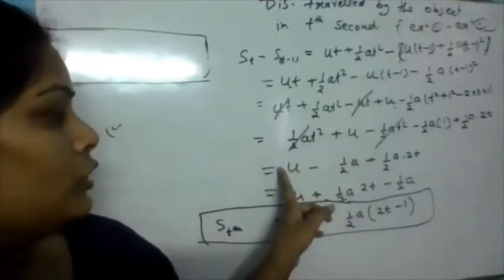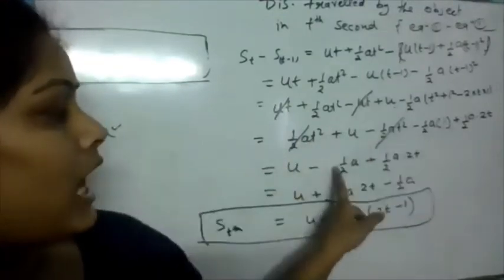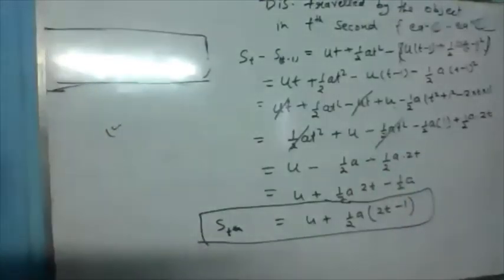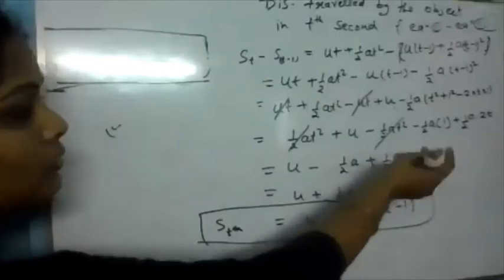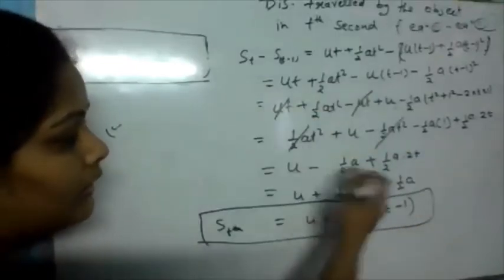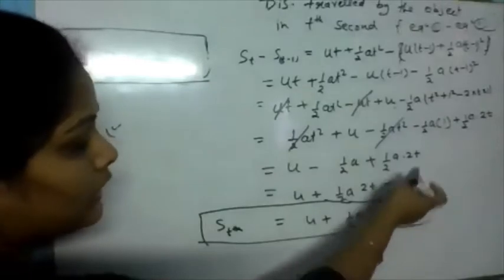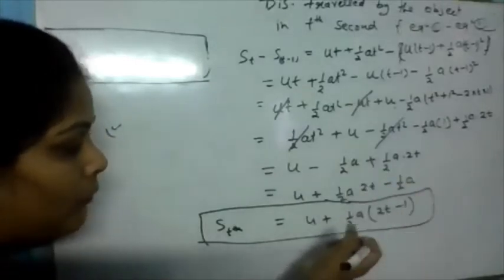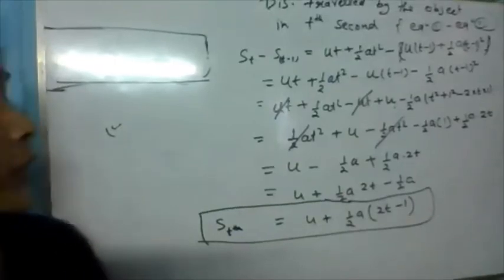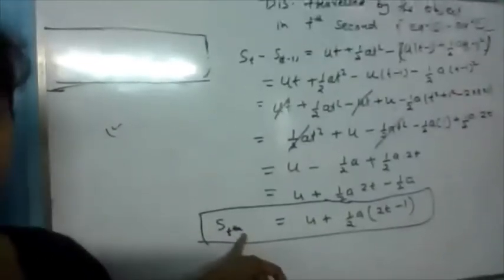So just u and here minus half of a and here plus half of a into 2t. Now I can write the second term here and the third term there. Now just take half of a as common, so 2t minus 1, and this is the displacement covered by the object in tth second.